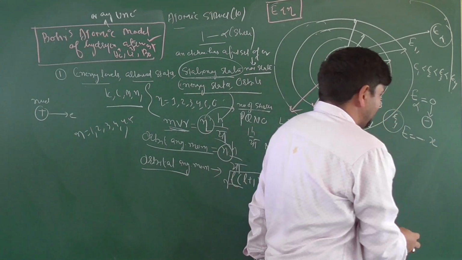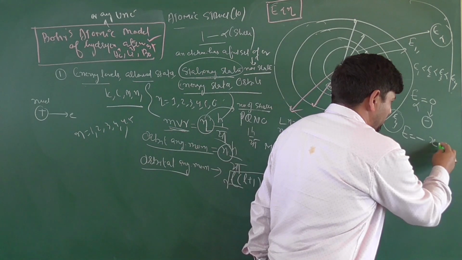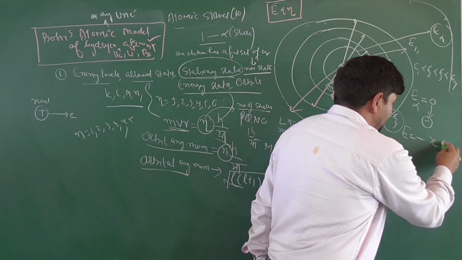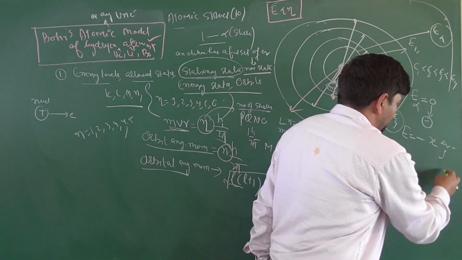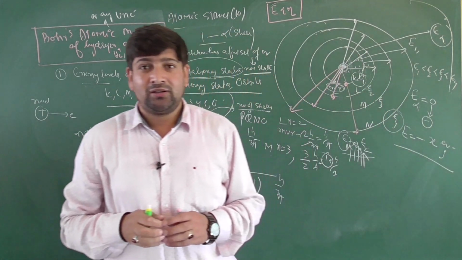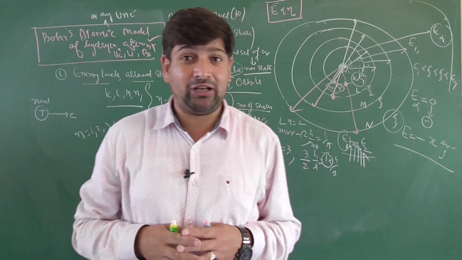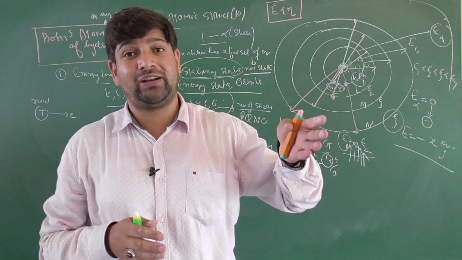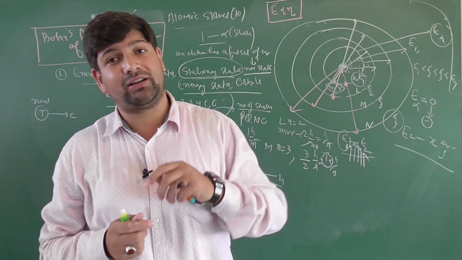We can say negative x in terms of kilojoules, electron volts, joules, and there are many other units. So in each shell, what is the significance of the negative value? A negative value means compared to infinite distance, it is more stable in that particular shell.